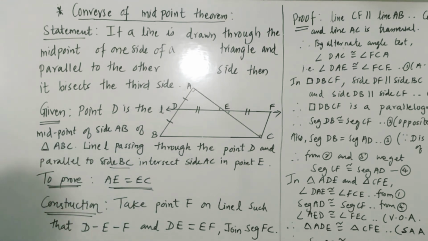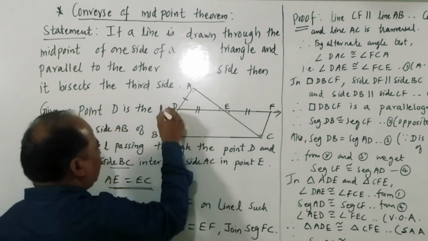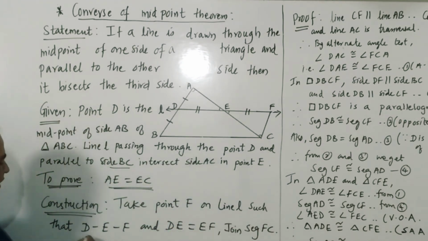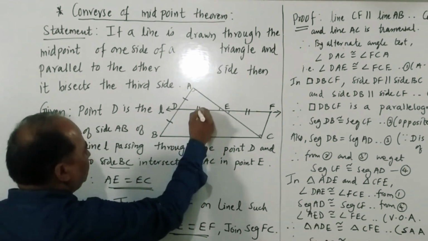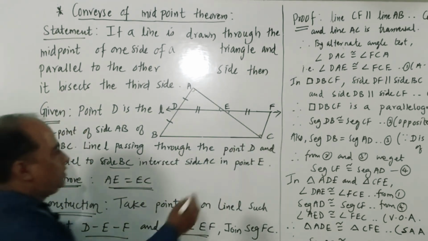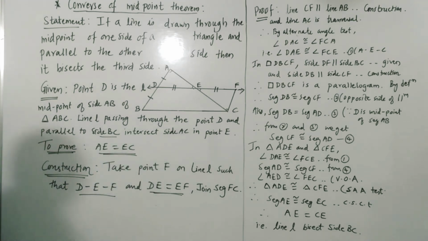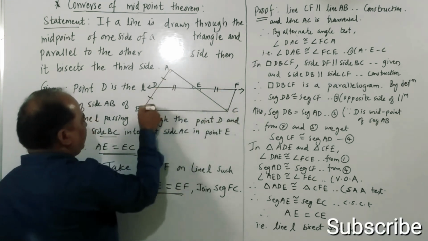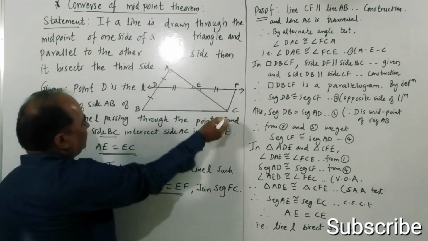Construction: take point F on line L such that DE is equal to EF. Join FC. Now, in this figure, by construction, CF is parallel to AB and line AC is the transversal.